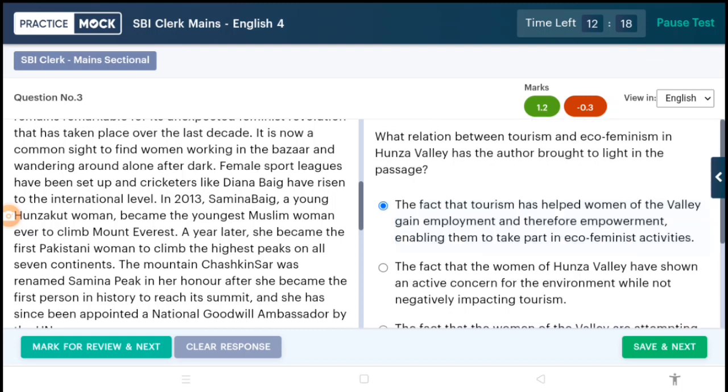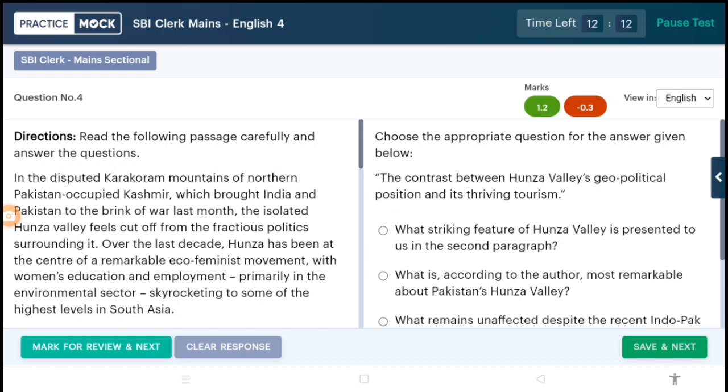I think option A. Next, choose the appropriate question for the answer given below. The contrast between Hunza Valley's geopolitical position and its thriving tourism.